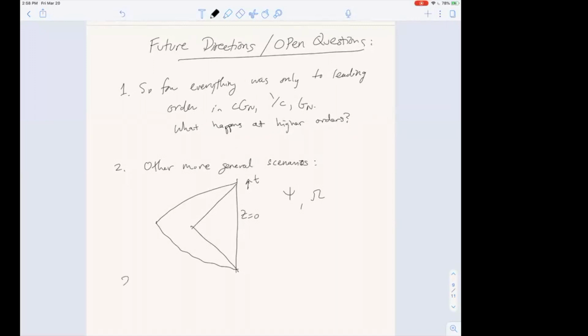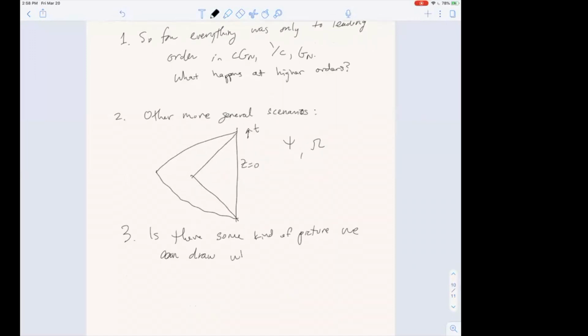And the other really interesting question is whether there is some kind of picture we can draw when we don't have a peninsula, but we actually have an island.